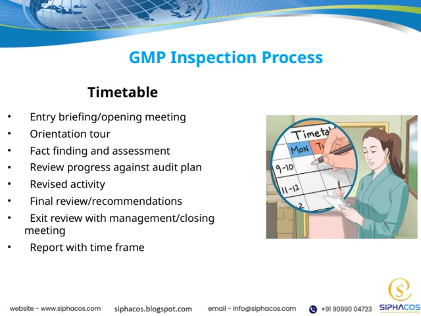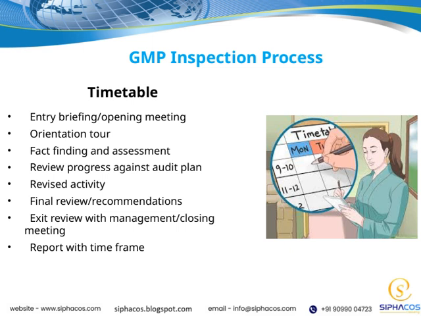GMP standards. After that, we review progress against the initial audit plan to ensure we're covering all critical areas. If needed, we implement revised activities to address any emerging issues or focus on specific risks. Once the inspection progresses, we conduct a final review and develop our recommendations based on our findings.